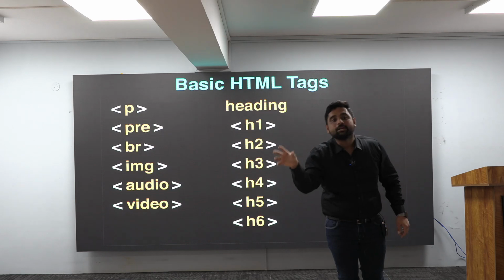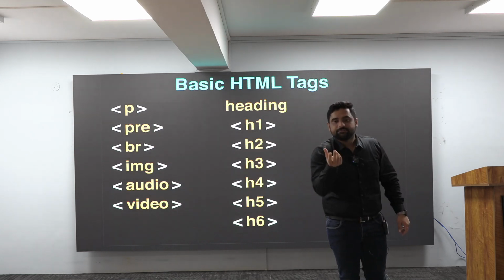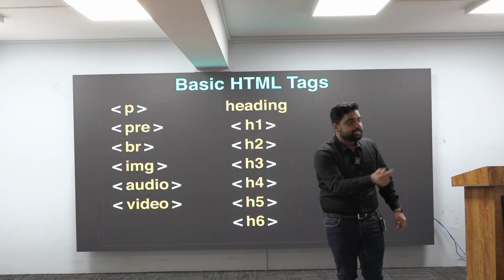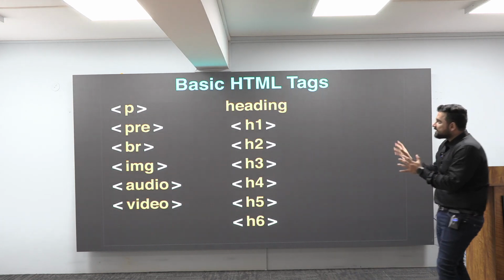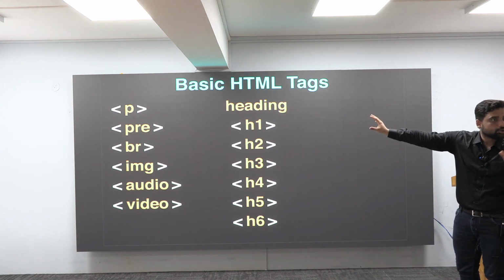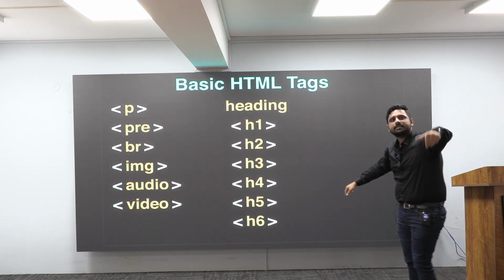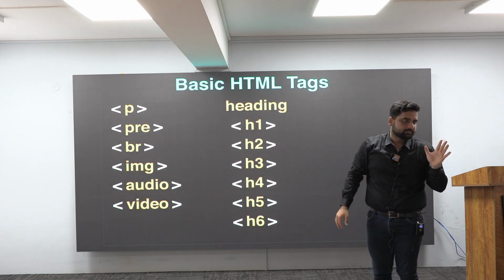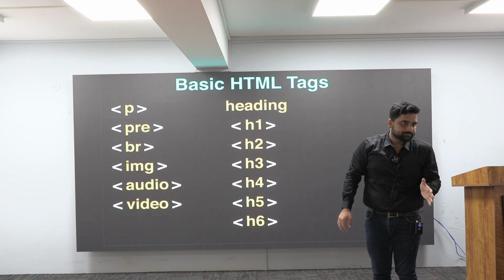For displaying the content in the format of audio. Why should we use the video tag? To display the content in the form of video. Am I clear? These are all basic tags, but not enough. We are having multiple tags, but this is just the basics that I have segregated for this particular session.